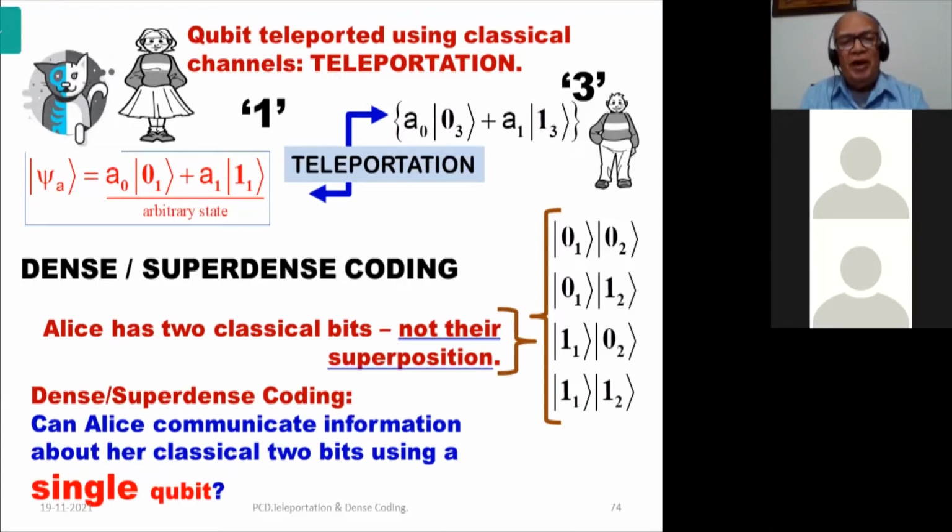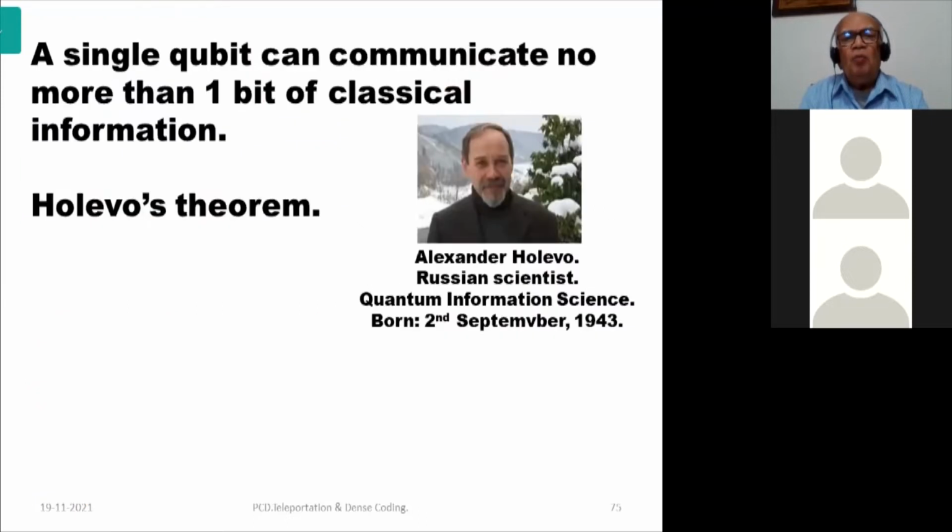The key word over here, which puts the limit of what is the normal density, is using a single qubit. She is to communicate information about the pair of her classical bits to Bob. And what puts this limit is a theorem in quantum information science, which is called Holevo's theorem, by a Russian scientist. And Holevo's theorem states that a single qubit can communicate no more than one bit of classical information.